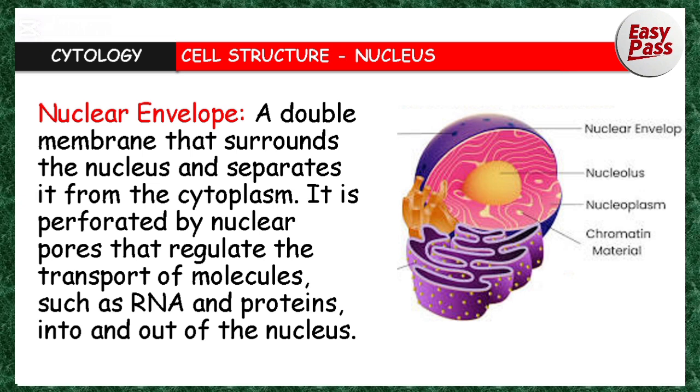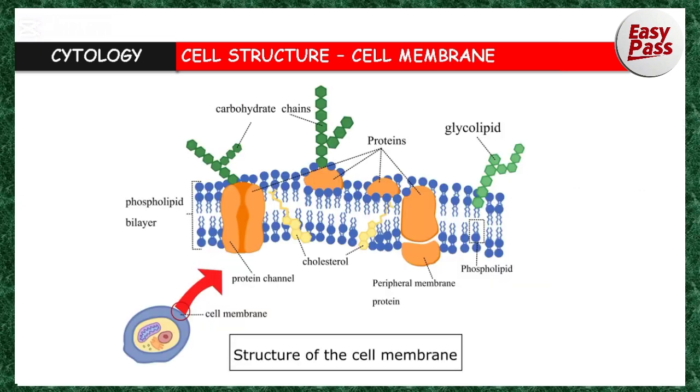The second organelle I'll be introducing to you today is the cell membrane. The generally accepted structure of the cell membrane is the one proposed by Singer and Nicolson, where they describe the cell membrane as a fluid mosaic material.